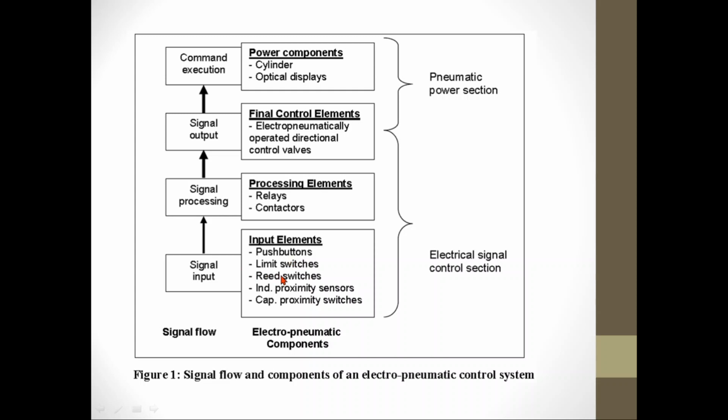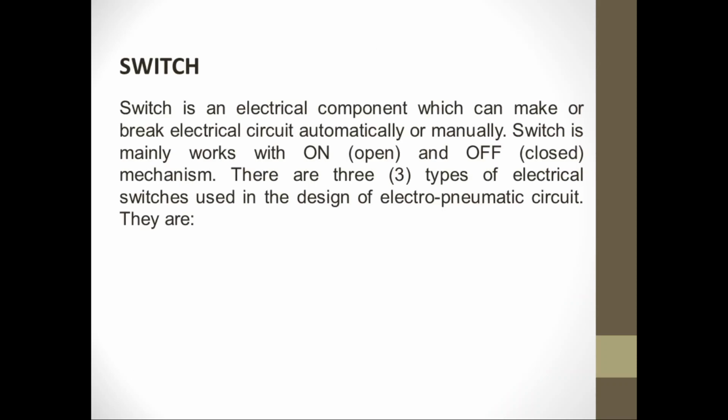The push buttons, the limit switches, the reed switches, and the proximity sensors are all basically types of switches. So what are switches? Switches are electrical components which can create or break contact in an electrical circuit.